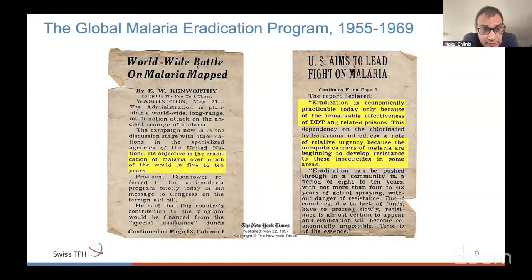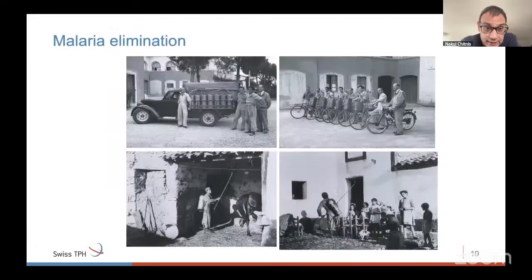Some of the other issues with this is that this is the world, about 10 years after the end of the Second World War, where a lot of thinking was still very militaristic. And the malaria eradication program was conducted in a very militaristic fashion, where you had ideas of essentially squads, not soldiers, but malaria fighters that would go out.